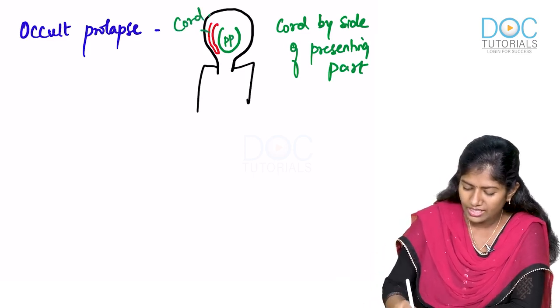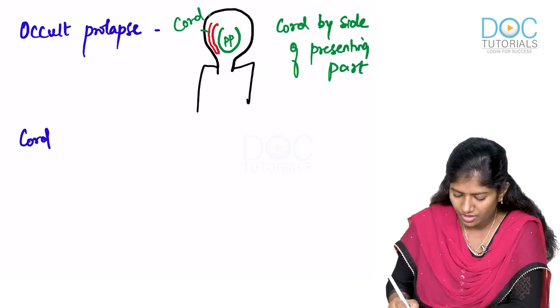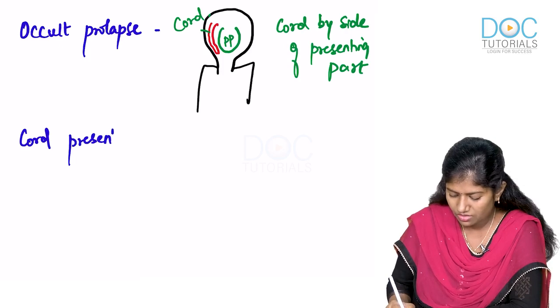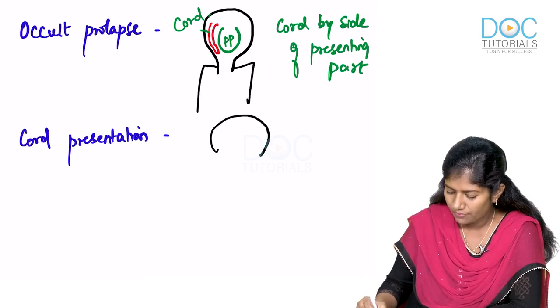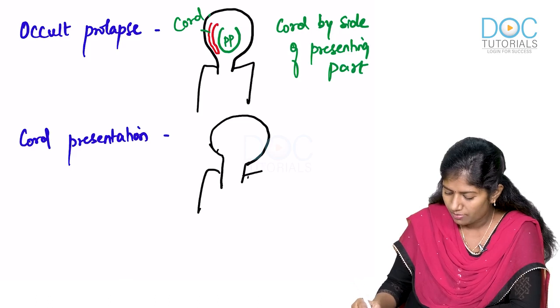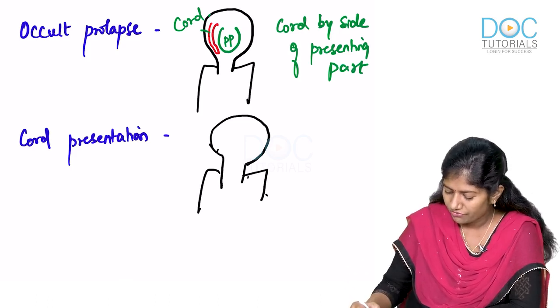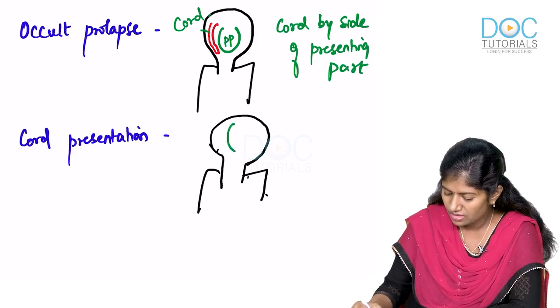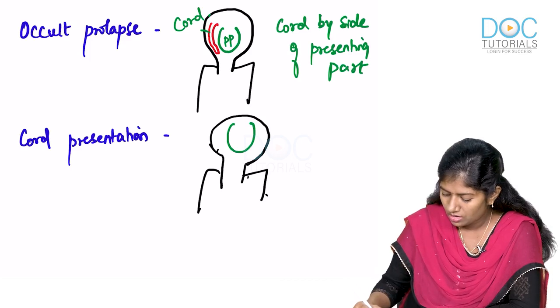The second condition is cord presentation. Cord presentation is where the cord is below the presenting part but the membranes are intact. Say this is the uterus and this is the fetal head, the cord will be like this.